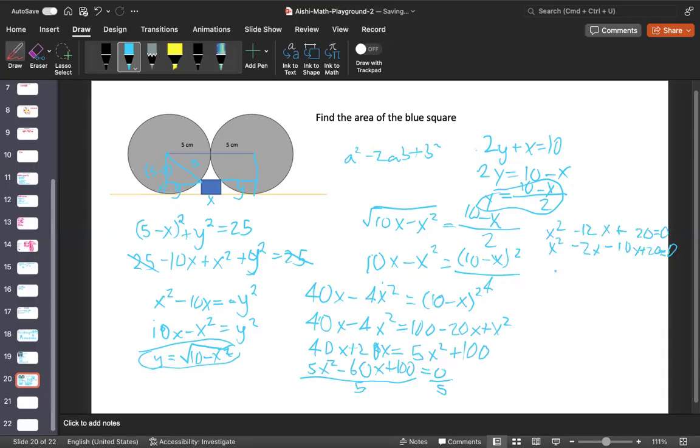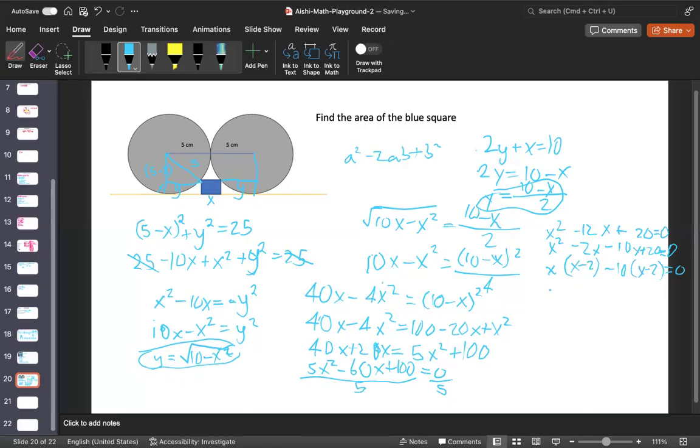Okay, so now let's factor this out. So let's factor out x on this side. So x times (x minus 2) minus 10 times (x minus 2) is equal to 0.